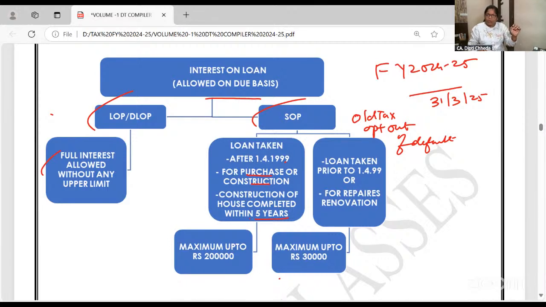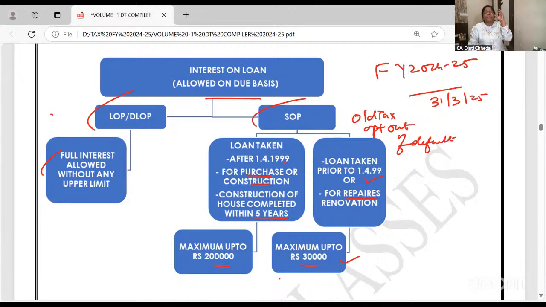In case of self-occupied property, we all know GAV, NAV is nil and loan interest is allowed, so there's always a loss. But if you have taken the loan for repairs, or you have taken the loan before 1-4-99, then maximum interest allowed is only 30,000. Is this clear to all of you?